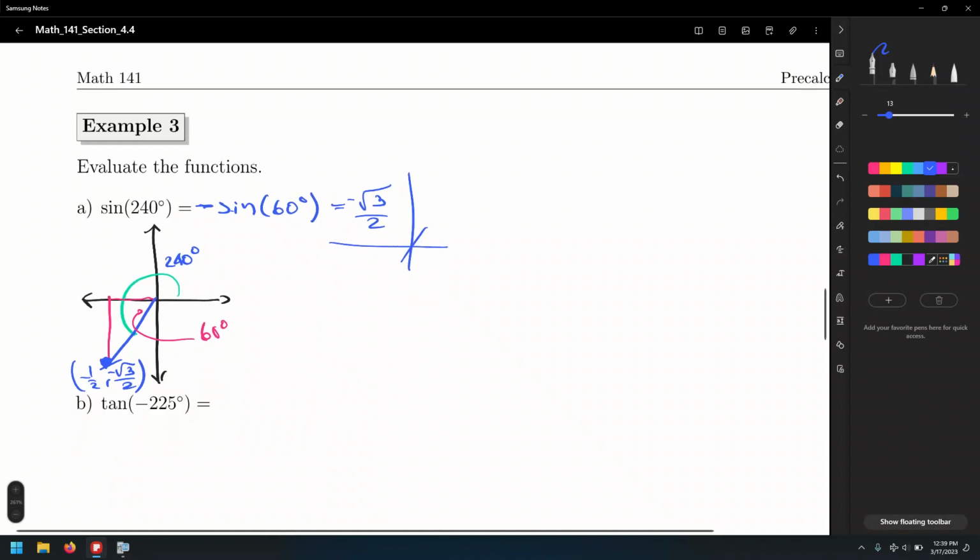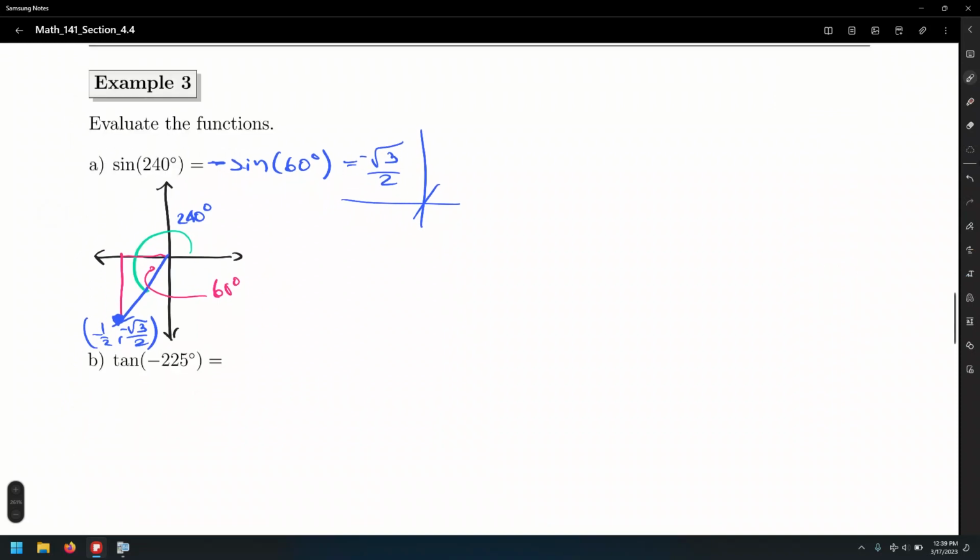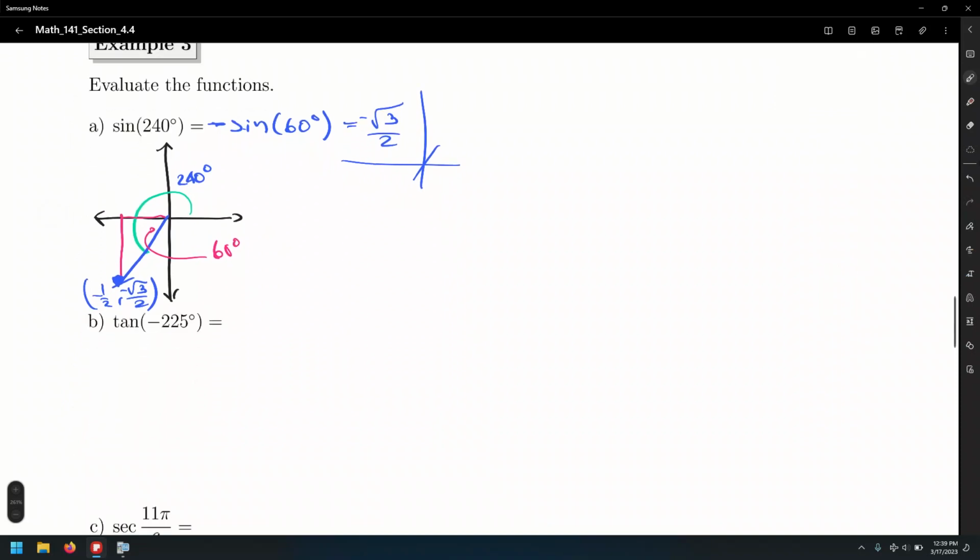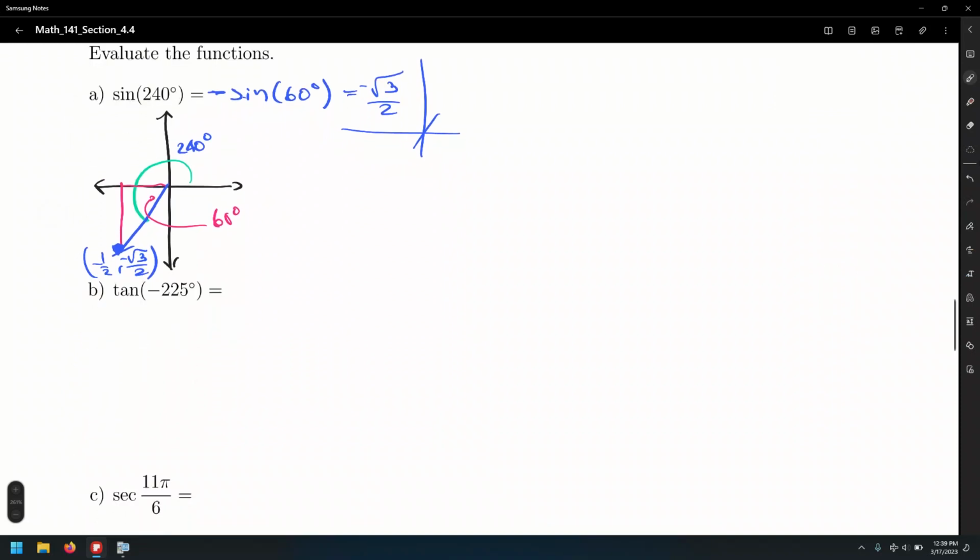Let's look at the next example. Tangent of negative 225 degrees. All right, 225 degrees is for sure a value that is larger than 180 degrees.